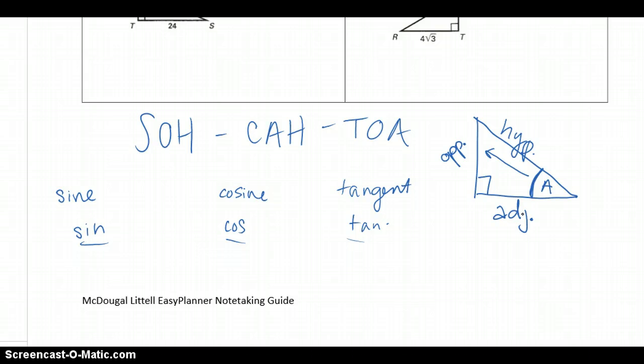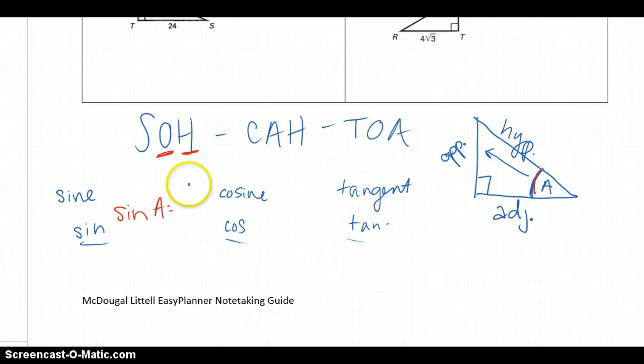So what we're going to use sine, cosine, and tangent for is to set up ratios of the sides and compare that to the angle. For example, if I am finding the sine of this angle A here, and I plug in sine of a number, for example, sine of 10, into your calculator, which we will do, it will spit out a number. That number is equal to the ratio of the opposite side over the hypotenuse.